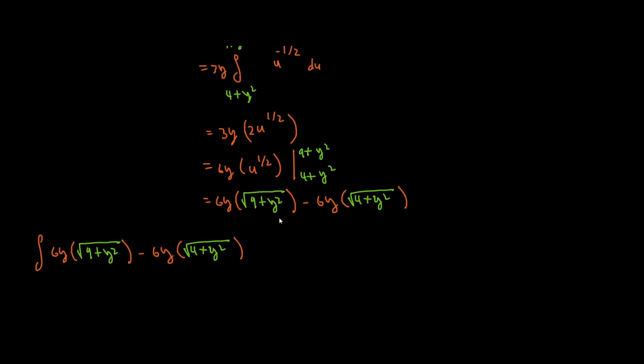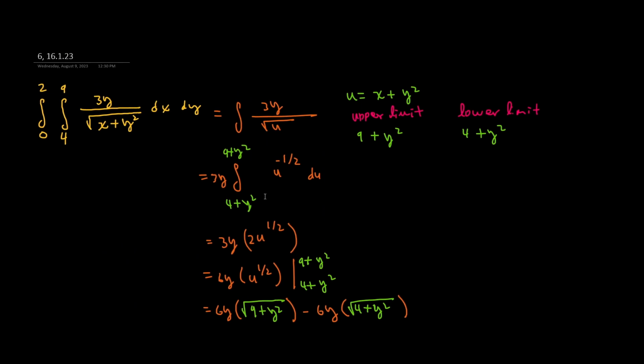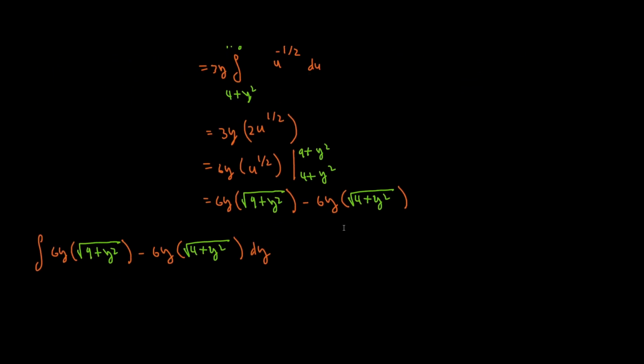Now we're going to integrate with respect to dy. Our limits of integration for dy were from 0 to 2. This 6, we could factor it out, and we're going to end up with 2.